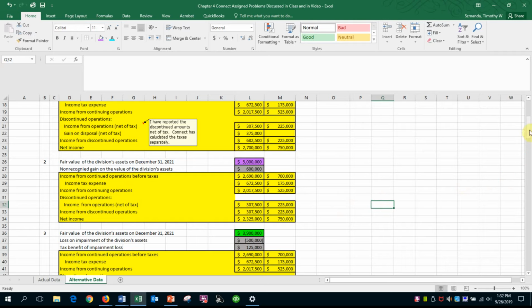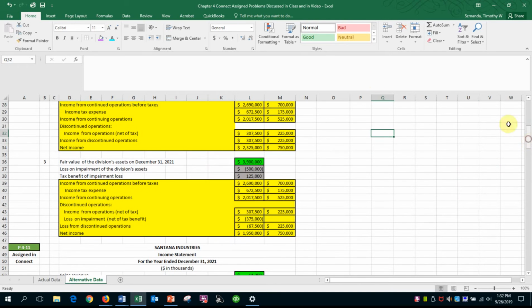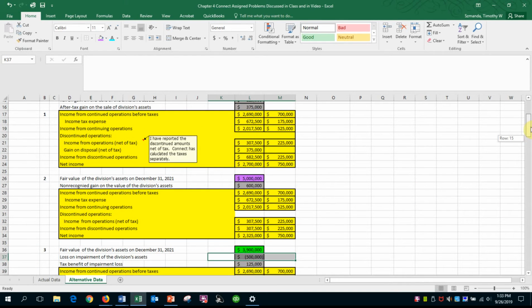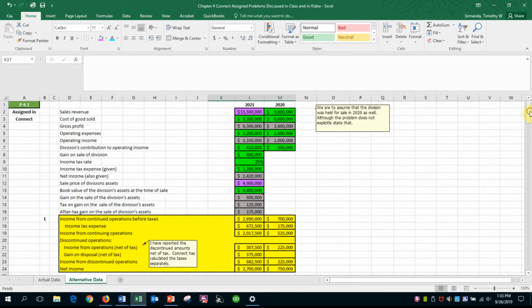In part 3, however, we're going to do the same thing again, but in this case, we're assuming that the fair value is down to $3.9 million. It's dropped. Now we're anticipating a loss of $500,000 because the $3.9 million fair value is below the book value of $4.4 million.